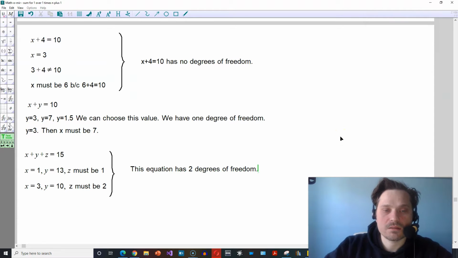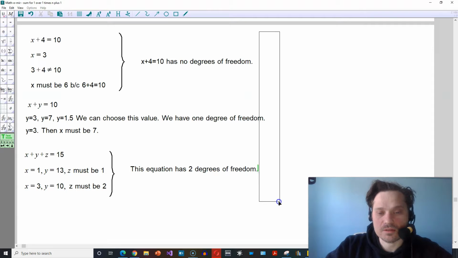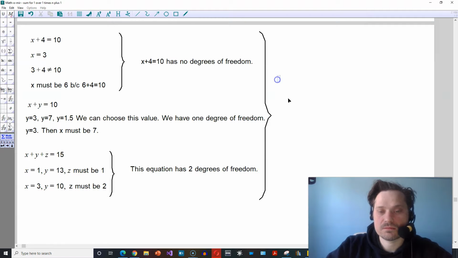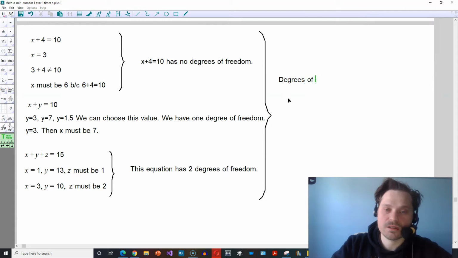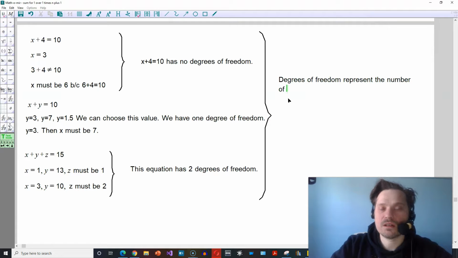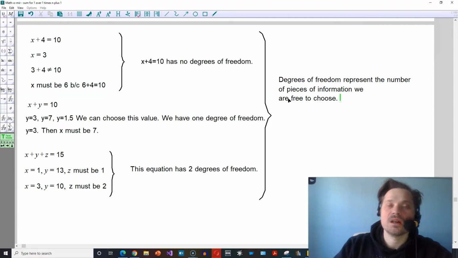So in the context of equations, if you look at all of these examples, right, what do they all suggest? Degrees of freedom represent the number of pieces of information we are free to choose. Once you've exhausted your degrees of freedom, there might be one last piece of information that, for example, completes an equation that you're not allowed to choose.